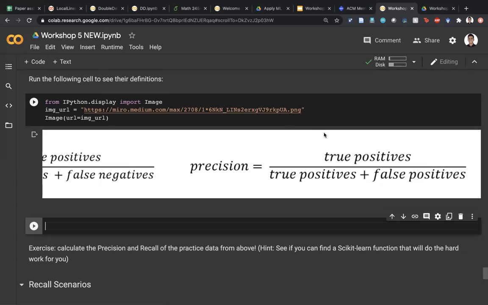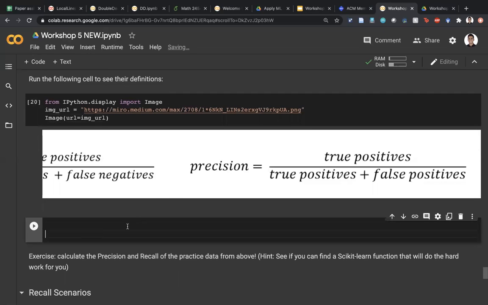Yep, I think we've hit about a minute. So Varun, if you want to go ahead and put in the answers. So very, very similar to what we just did. So, from sklearn.metrics, import precision score. And then of course, we don't want just precision, we want the recall as well. So we'll say sklearn.metrics import recall score as well.